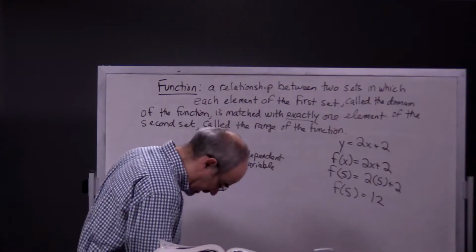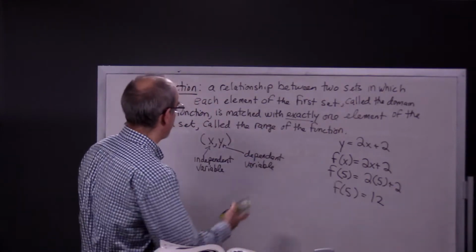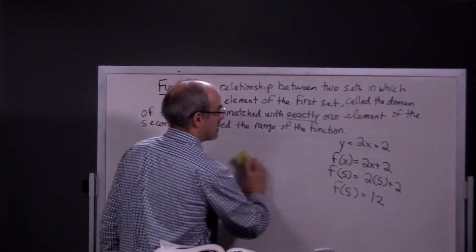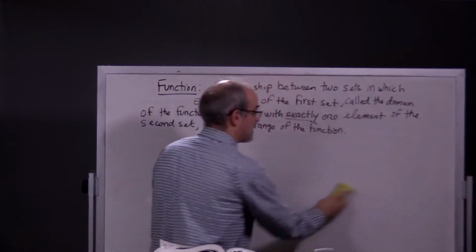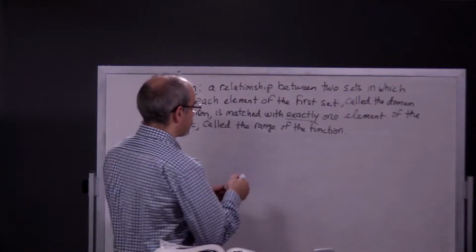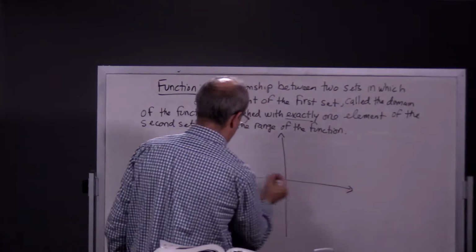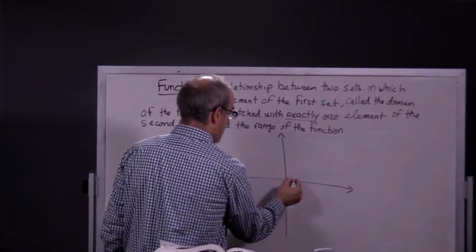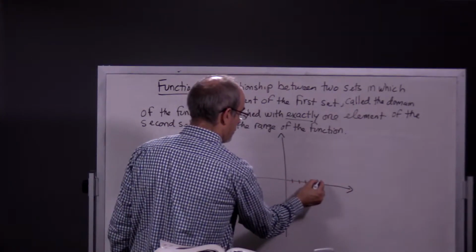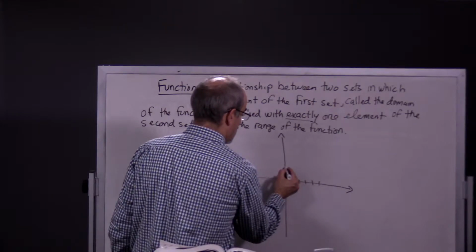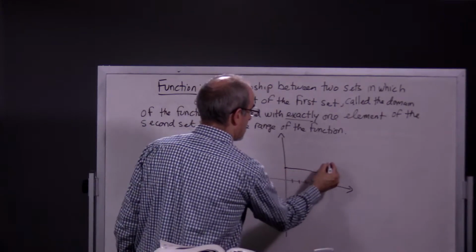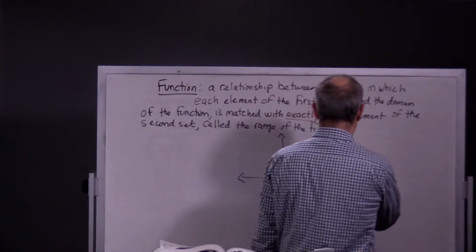You've probably seen graphs where they have the Cartesian plane. Cartesian plane just means the xy axis. Let me draw a function. So let's say our graph looks like this.